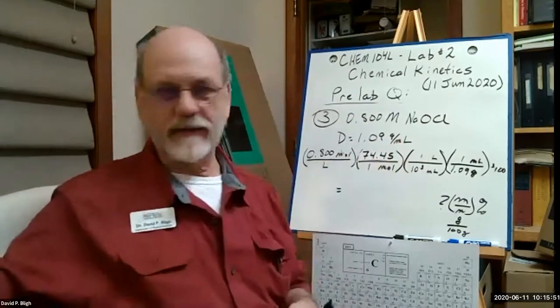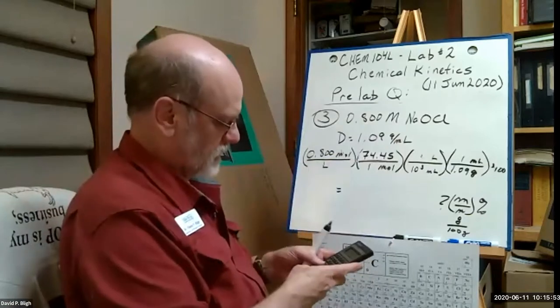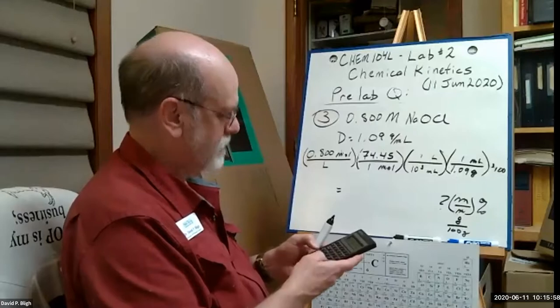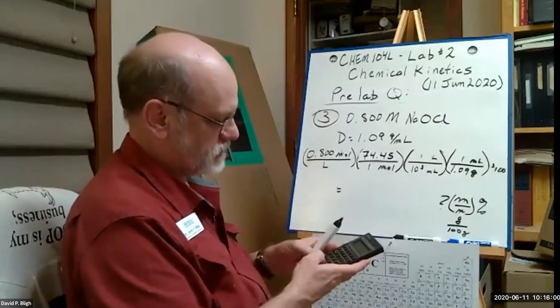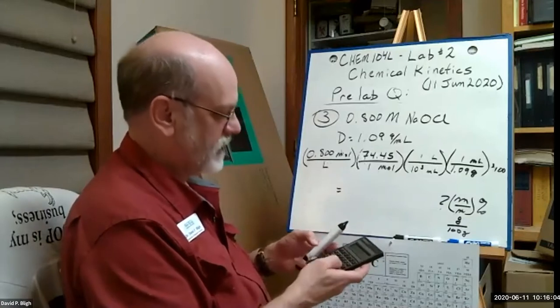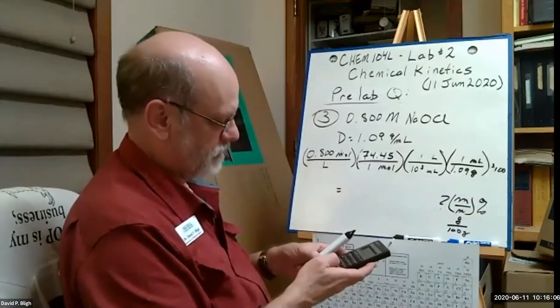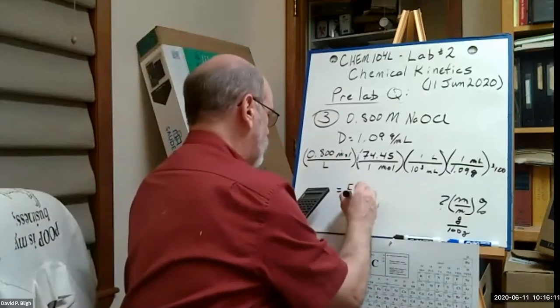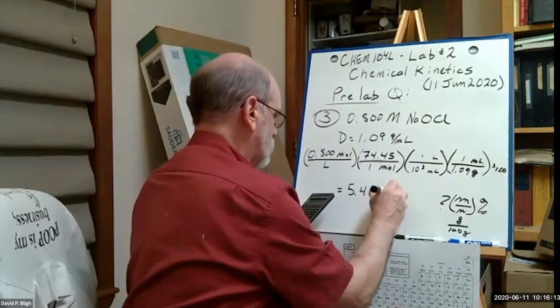Now let's try that again. 0.8 times 74.45 divided by 1,000, divided by 1.09 times 100. Okay, so I get 5.46422%.